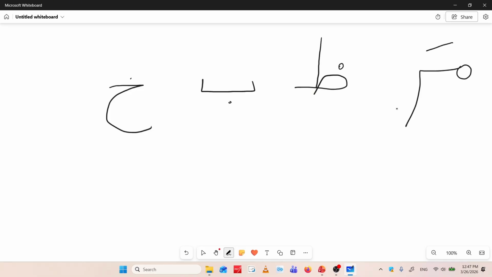So let's see. So the meem is a two-way connector. The ta is a two-way connector. And the ba and the kha, all of them are two-way connectors. Now, see. So we will write the meem. This is the initial meem, initial ma, so ma.